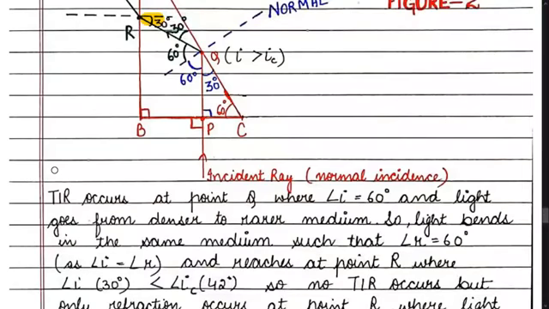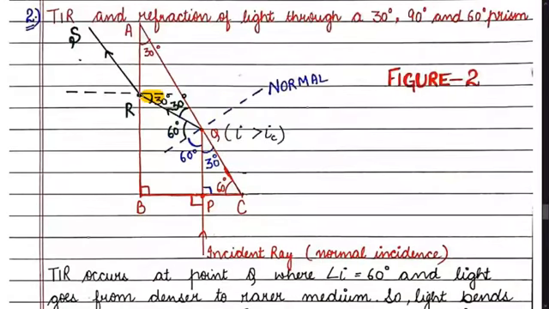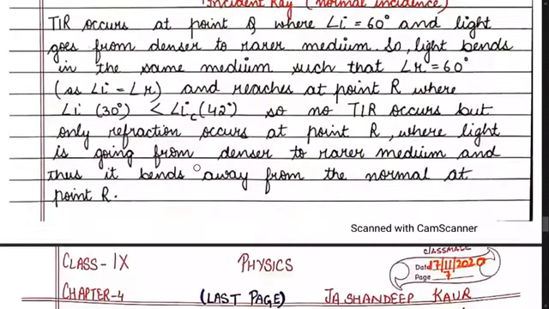So no TIR occurs, but only refraction occurs at point R, where light is going from denser to rarer medium, and thus the light will bend away from the normal at point R.